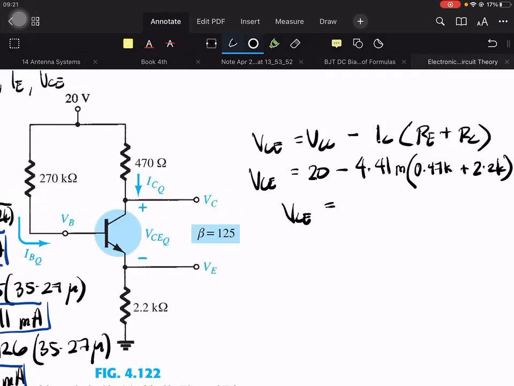VCE is equal to more or less 8.23 volts. Final answer.